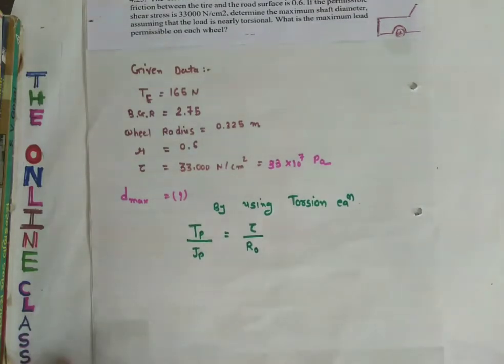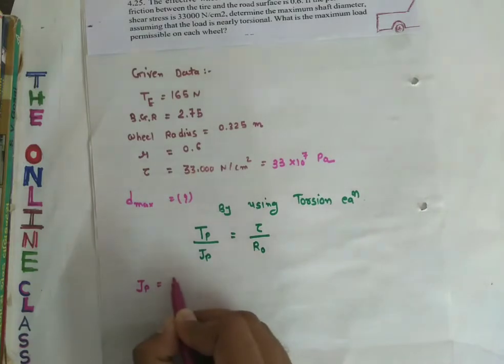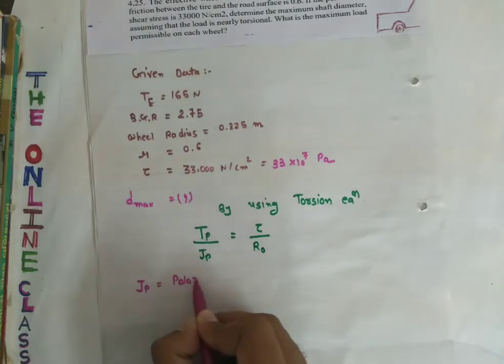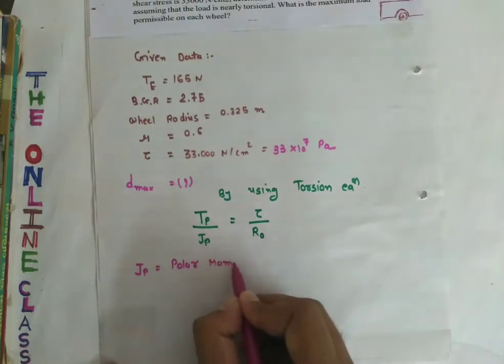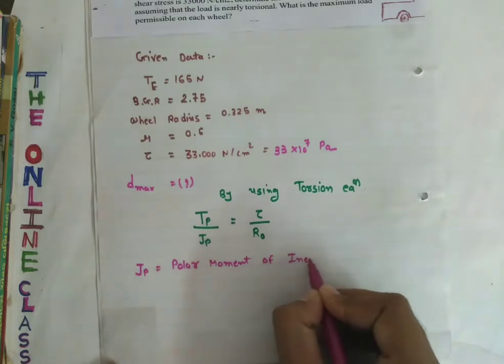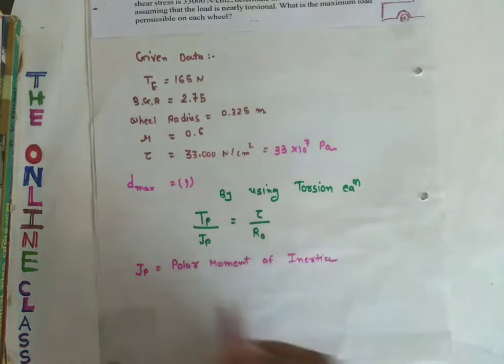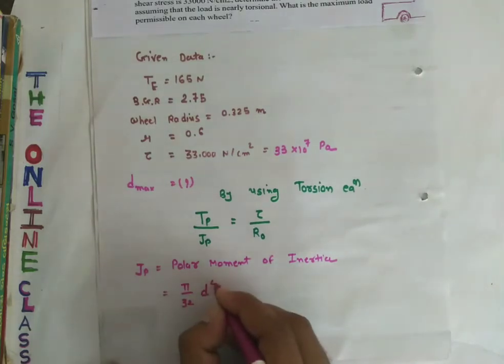So here Jp is the polar moment of inertia. Polar moment of inertia for a solid shaft is pi by 32 into d raised to 4.